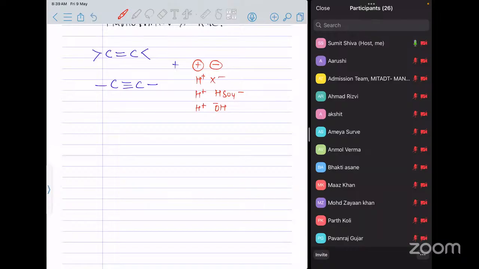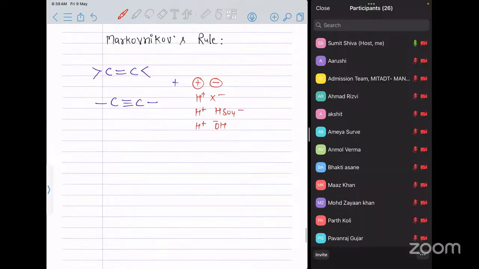And Markovnikov's rule states that in an unsaturated hydrocarbon, that carbon will be positive which has the least number of hydrogen. So the carbon with the least number of hydrogen will be positive and the negative part of the attacking reagent will be attached to the positive carbon. So let's say this carbon is positive and this carbon is negative.